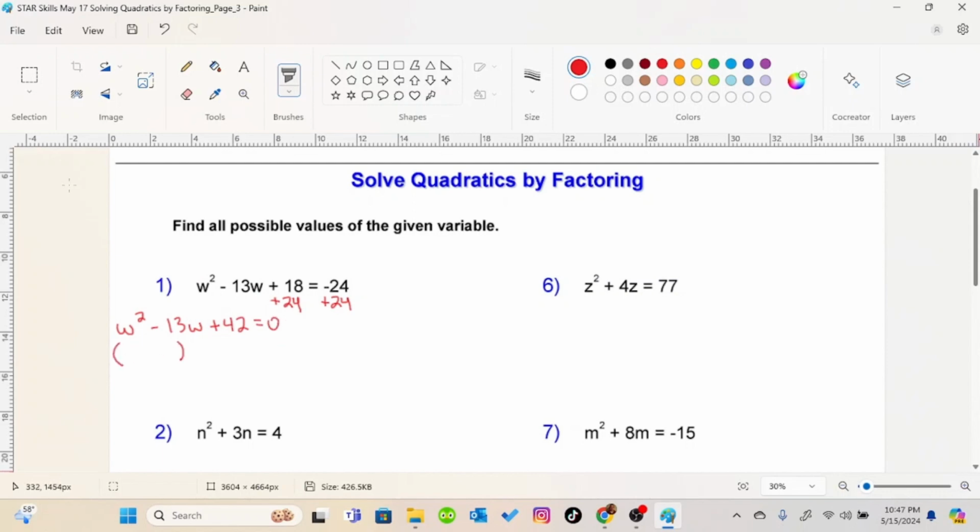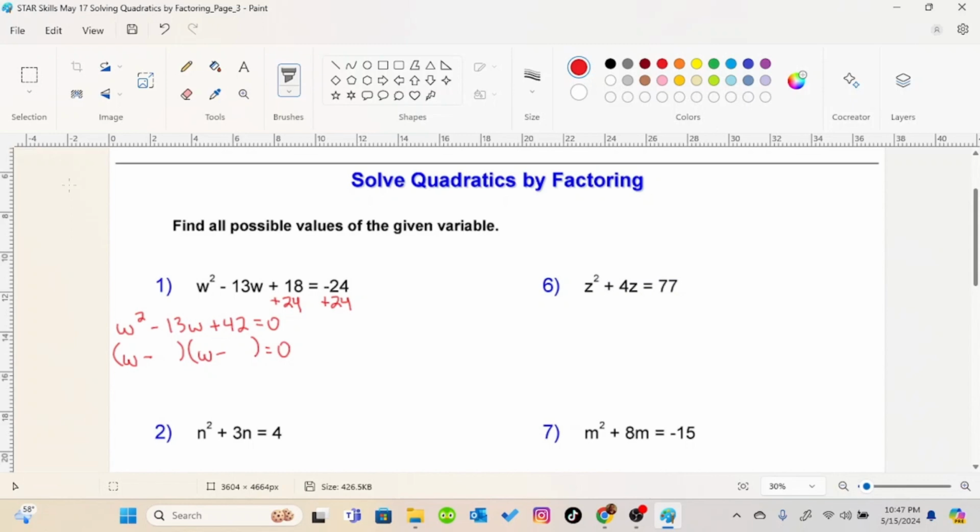Now we know we're multiplying two things together and getting 0. To get w squared, we multiply w times w. The second symbol being plus tells us our symbols are the same, and the first symbol being minus tells us both are minus. So now we need factors of 42 that add to negative 13.